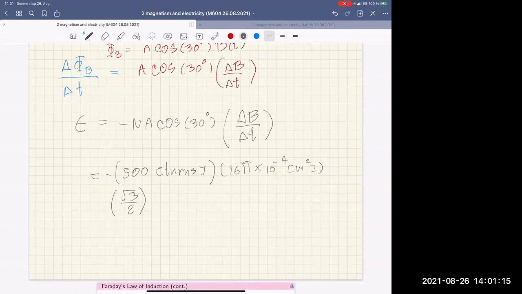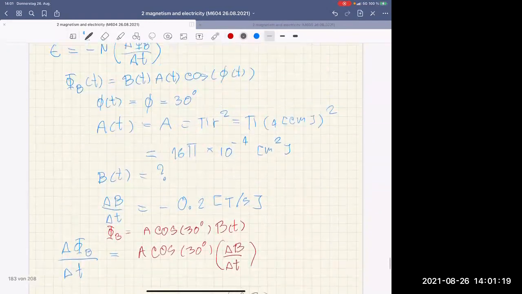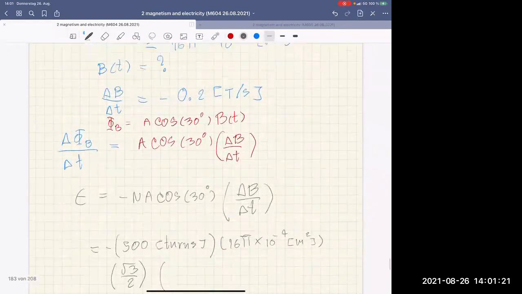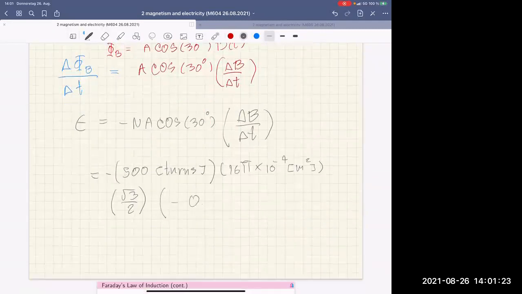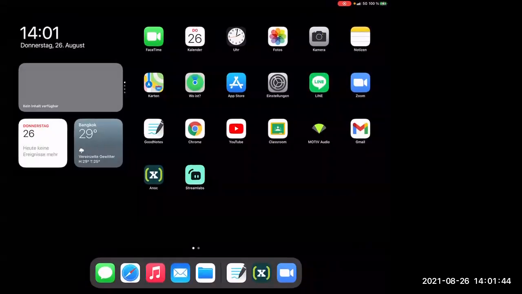Delta B by delta t is what they have given, minus 0.2 Tesla per second, and you find that negative and negative will bring you to a positive quantity, right? So you get, I don't know, put it into the calculator.